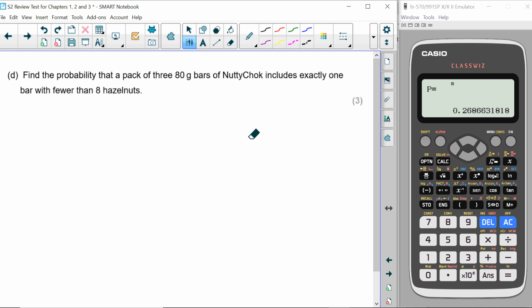Okay, part D. Find the probability that a pack of 3 80-gram bars of nutty choc includes exactly 1 bar with fewer than 8 hazelnuts. Well, we've now moved on to another distribution. We're looking at a binomial here. Let's let Y be the bars with less than 8 hazelnuts.